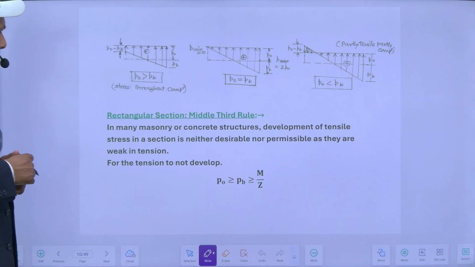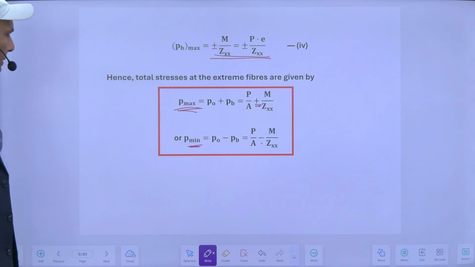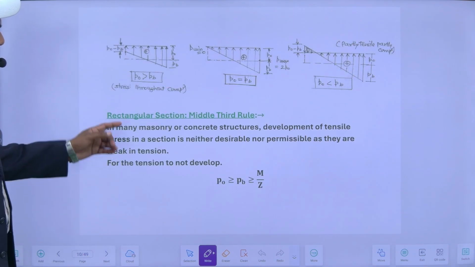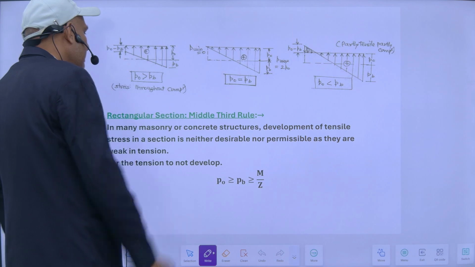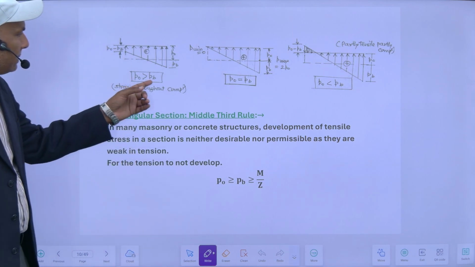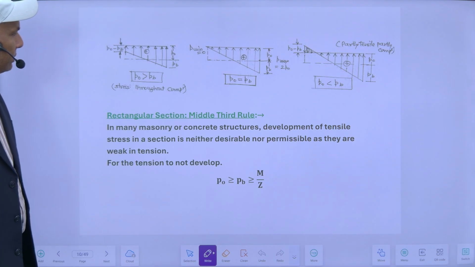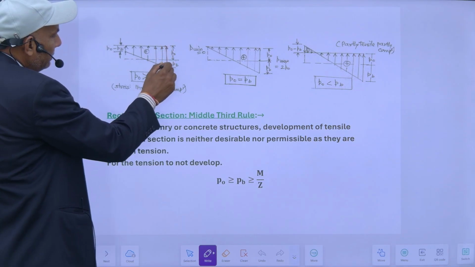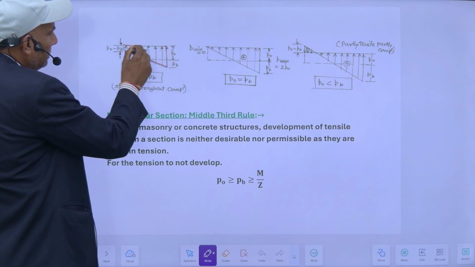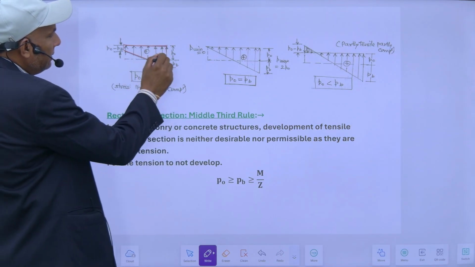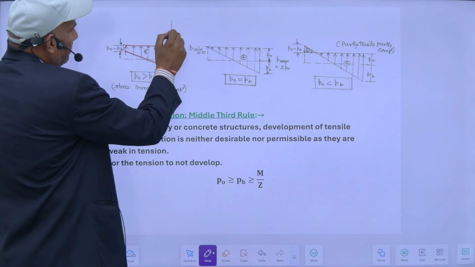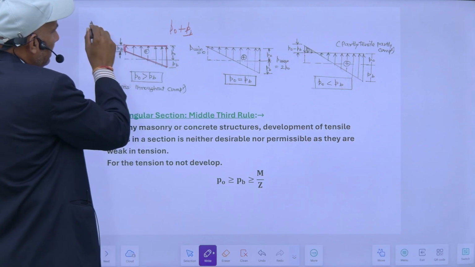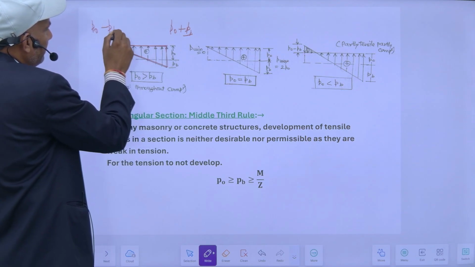So there are three cases. Suppose my direct stress is greater than bending stress. In this case my stress diagram will be like this. This value is direct plus bending here, and this is direct minus bending.